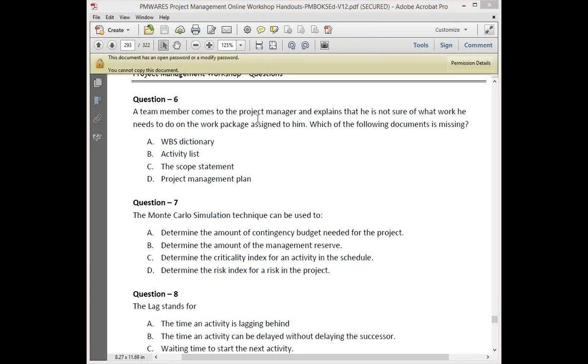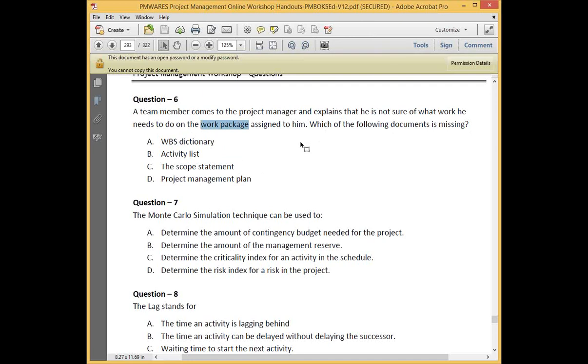A team member comes to the project manager and explains that he is not sure of what work he needs to do on the work package assigned to him. Which of the following documents is missing? He is talking about a work package first of all, and he's saying what he's supposed to do. What is supposed to be done is written in the WBS dictionary with respect to the work package.